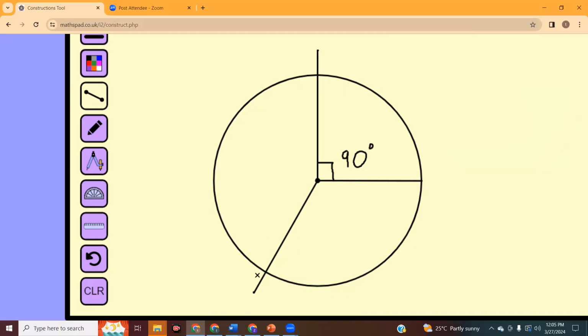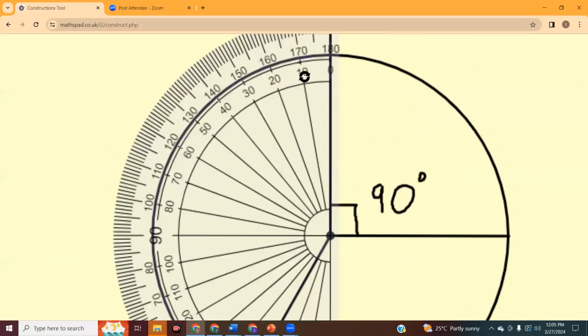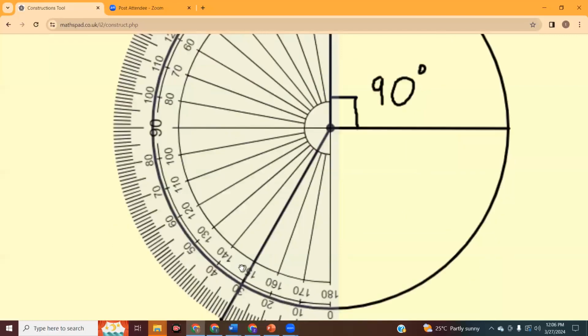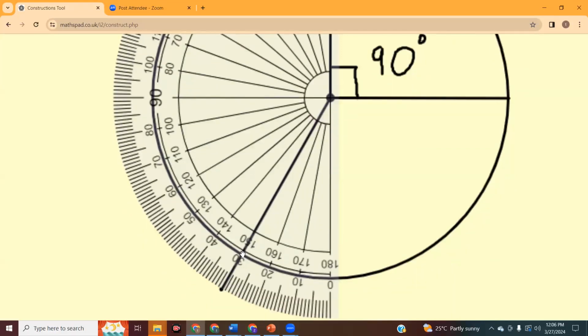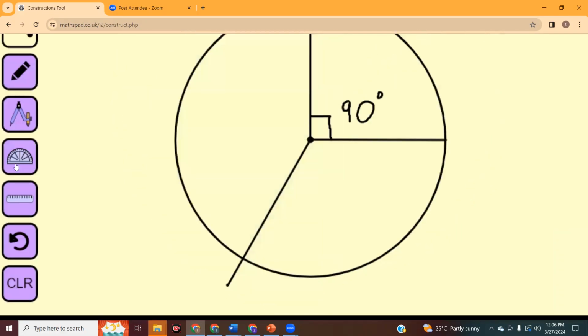You want to use your ruler to draw this line. Let's measure it: 0, 10, 20, 30, 40, 50, 60, 70, 80, 90, all the way to 150. And here we have 150 degrees. Okay, let's move on to the next part. Here we have to label it. We're going to label this 150 degrees.